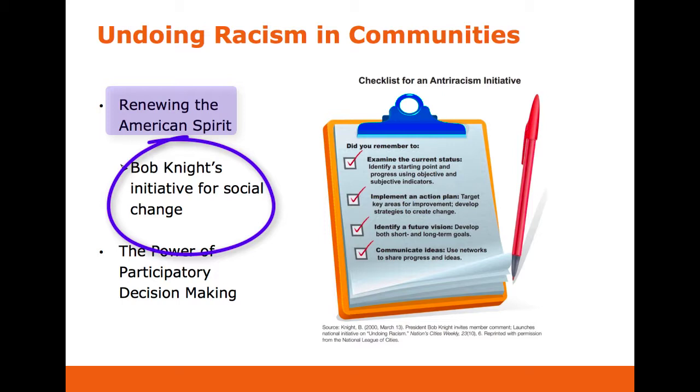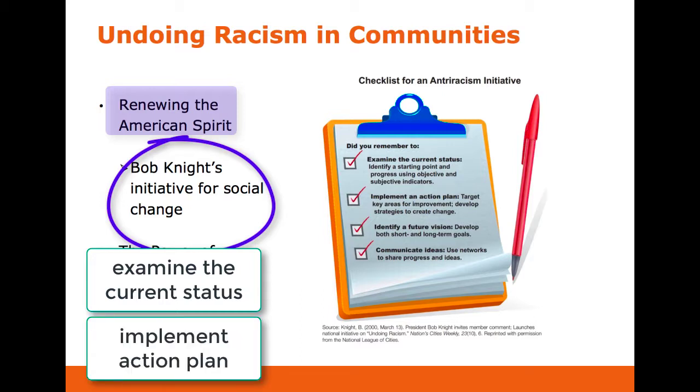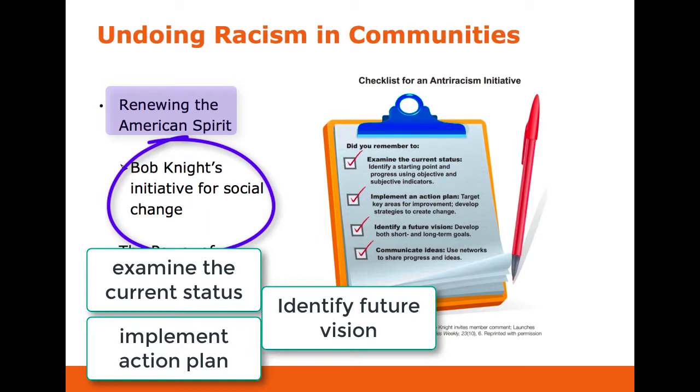Knight believed that racism had to be discussed amongst the different groups, and that fear, frustration, and emotions had to be set aside. He launched a national initiative which focused on 4 objectives: examining the current state of the city's racial climate, implementing an action plan, identifying a future vision for the city, and communicating ideas.